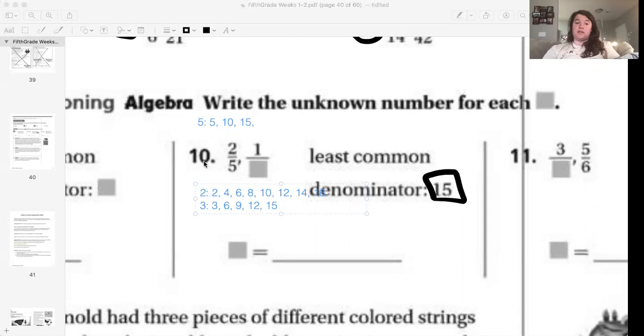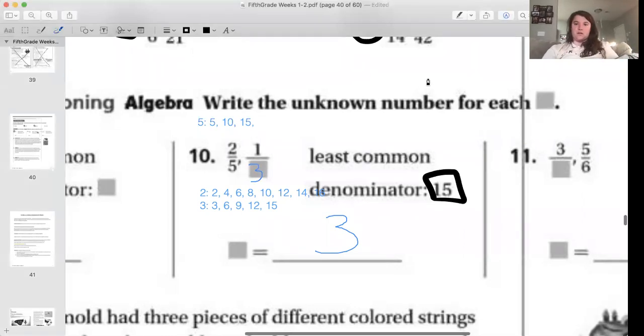So 15 would work. So the number I'm looking for here for the bottom would be 3. So you would take your draw tool and you would write 3 here, or you could put it down here. Because if I list those multiples, the least common denominator I can find for 5 and 3 is 15.